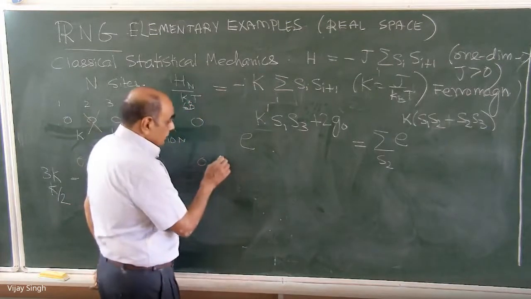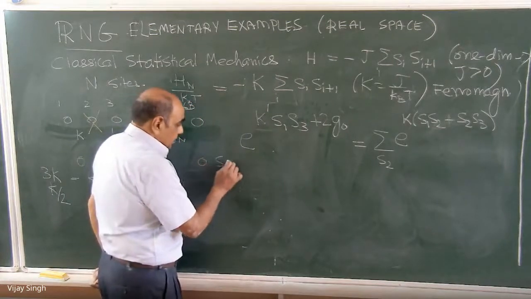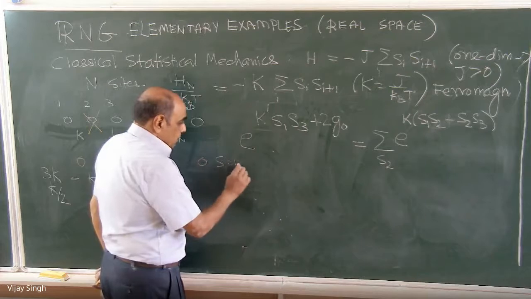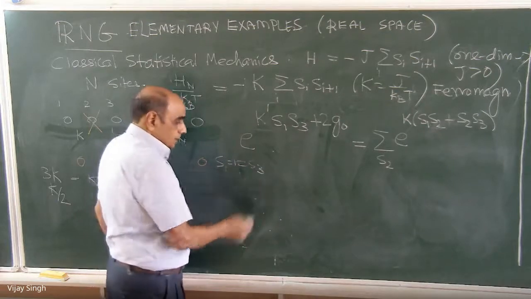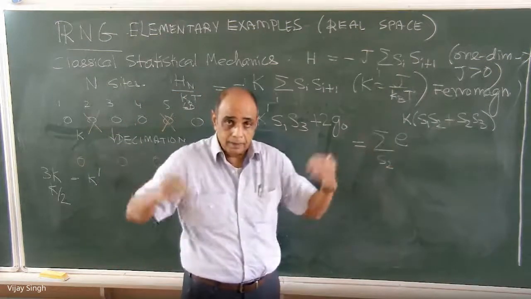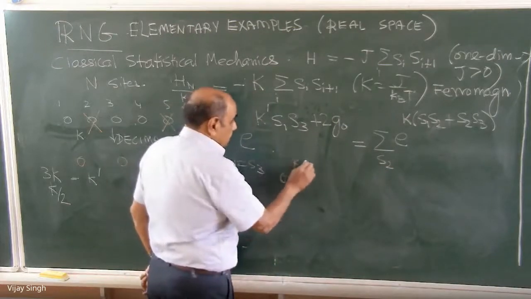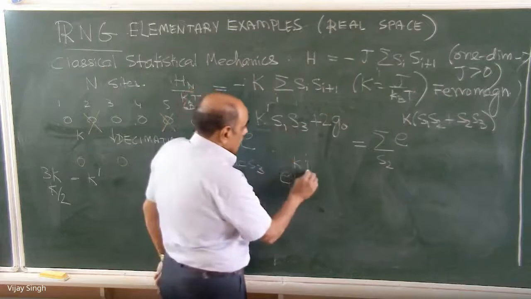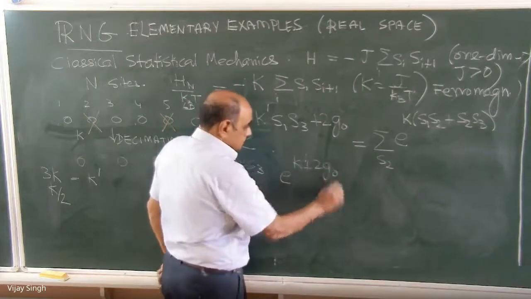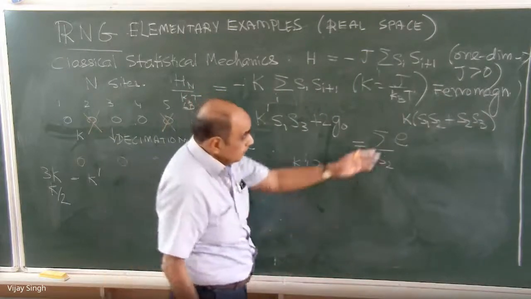Let us say S1 is equal to 1 is equal to S3. That is one possibility. Both the spins are up. What would this become? This is e raised to K prime, S1, S3 is 1, plus 2G0. Correct. What is this thing?